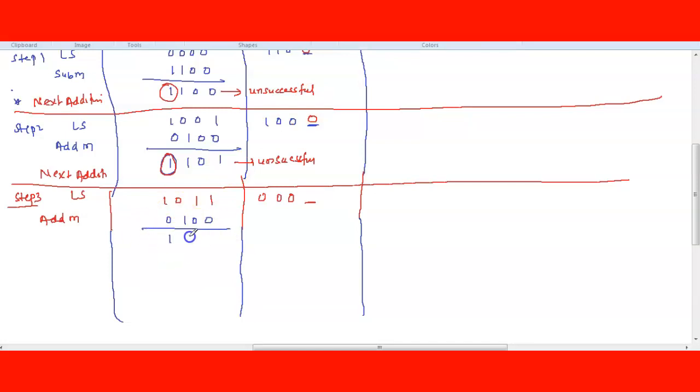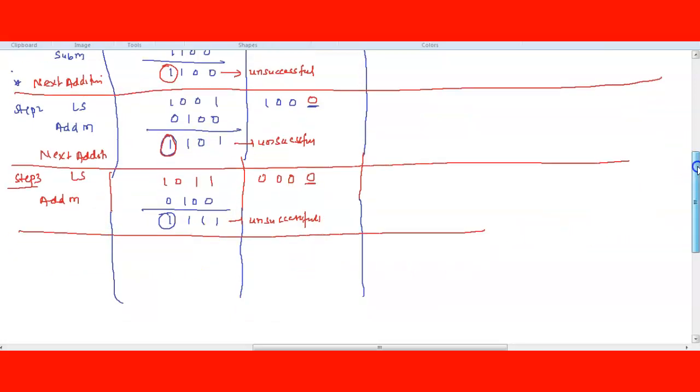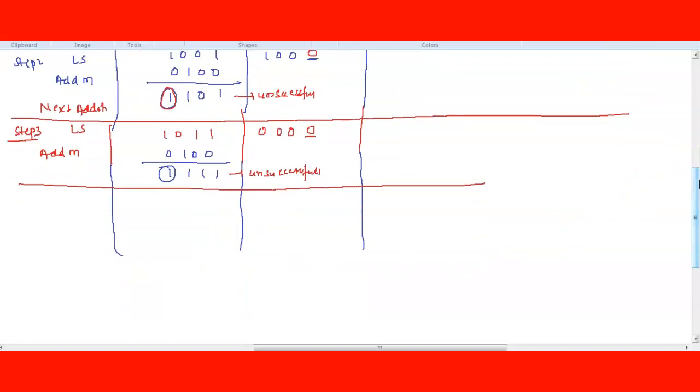So we'll get 1 1 1 1. Again here the MSB is 1, so this is unsuccessful. Again this bit will be 0. The quotient bit will be 0. Unsuccessful is fine, but there is no restoration, no extra step.